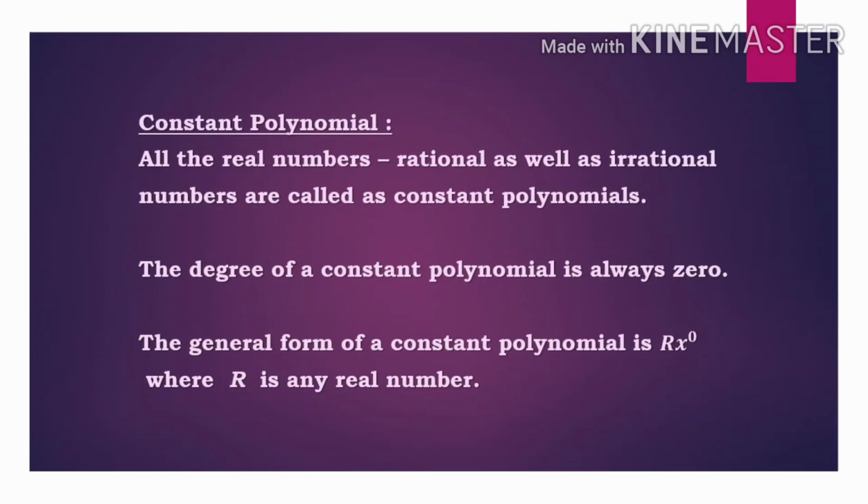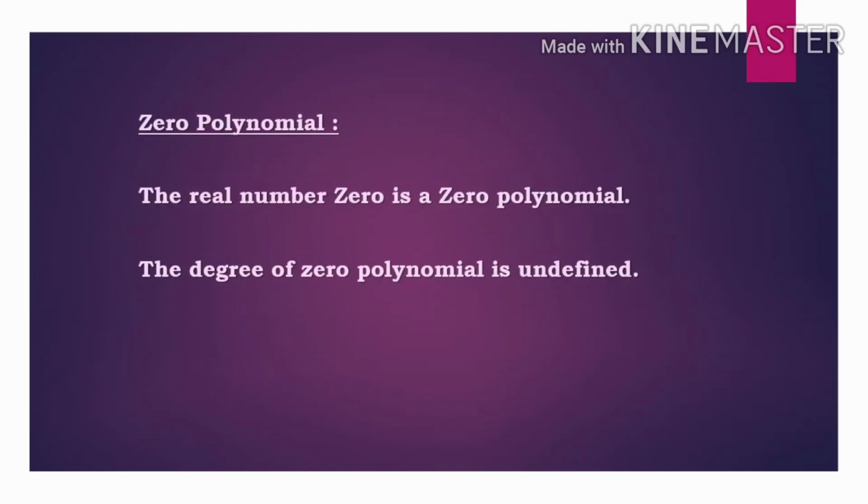Moving ahead, we saw the constant polynomials. Every real number, rational as well as irrational, could be expressed as a constant polynomial with the help of x raised to 0. Hence, every real number was a constant polynomial. And finally, the special number 0 was our zero polynomial with a degree undefined.